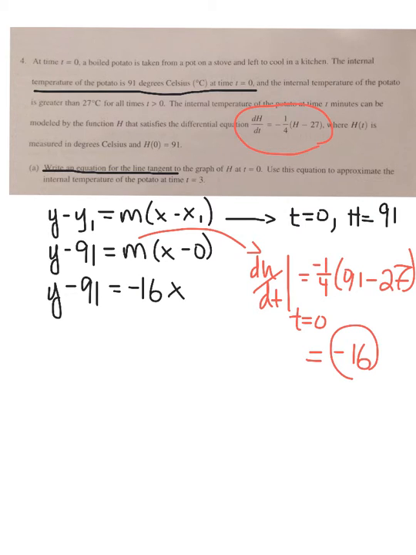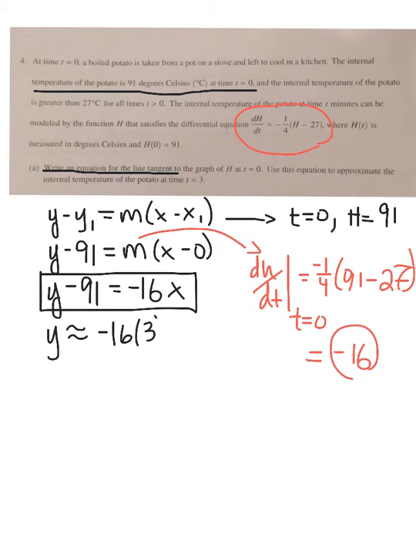All right, now the second part of this question is asking us to use this equation. So here's part of our answer. Use that equation, and it wants us to approximate the internal temperature of the potato. Remember, temperature stands for H at time 3. So y is, we are approximating, so I'm going to put the approximate sign, -16 times 3, and I'm going to add that 91 over here.